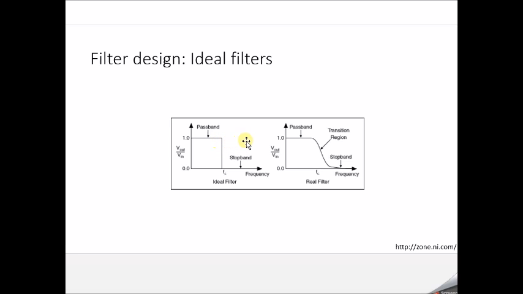So what we do is we design filters, and they would look more like something on the right here, where we have a pass band and a stop band still, but we have a transition region around our low pass filter at 10 Hz. So it will probably attenuate the 8 Hz component of the signal and not completely attenuate the 12, 15 Hz components of the signal, but overall the signal that comes out after we run it through this filter would be more or less what we were looking for, the main low frequency components in the signal.